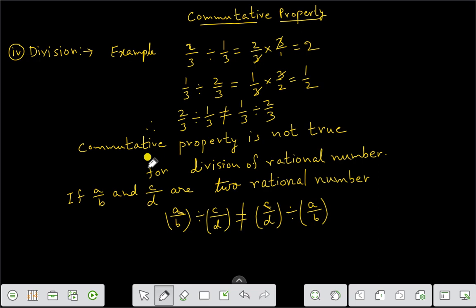Therefore, you can say that the commutative property is not true for division of rational numbers.